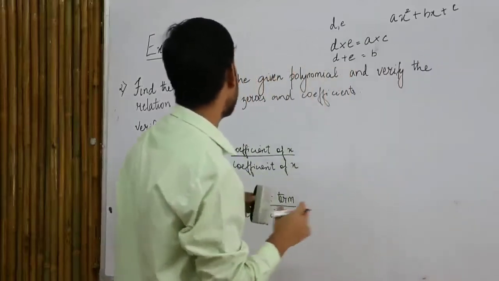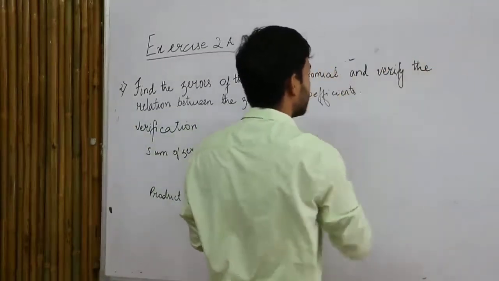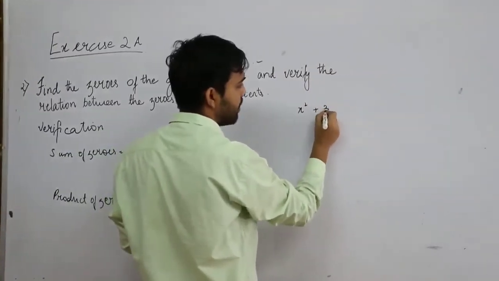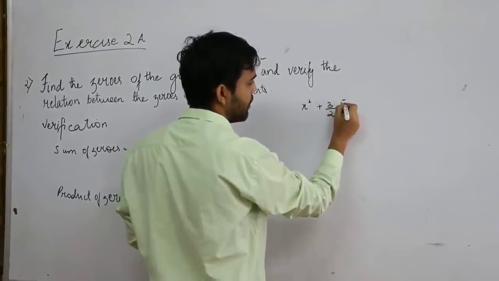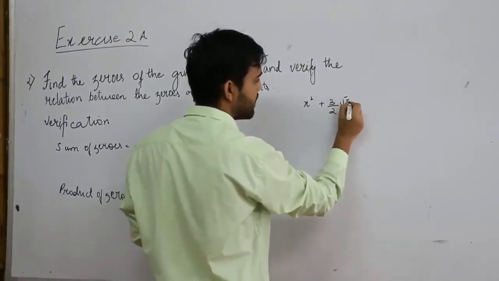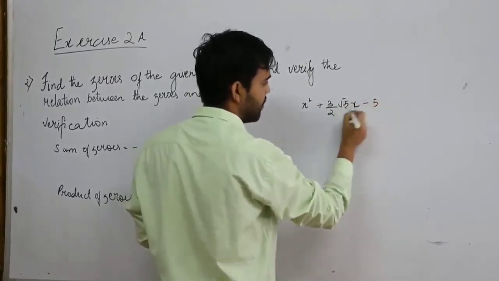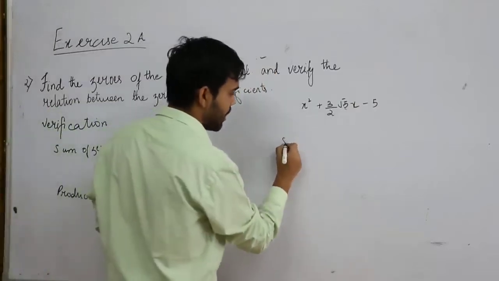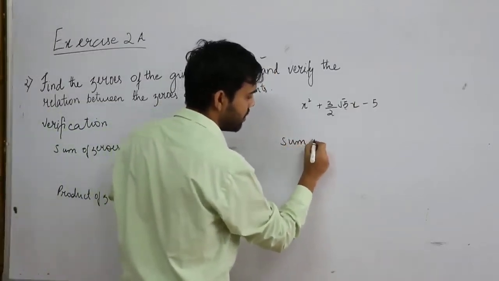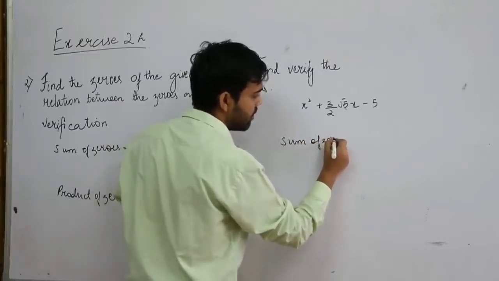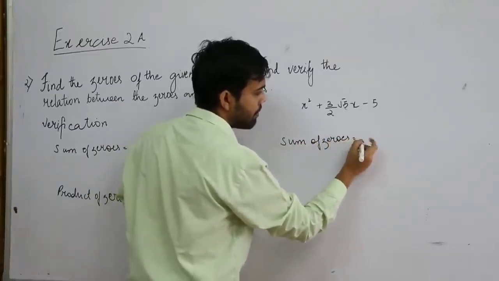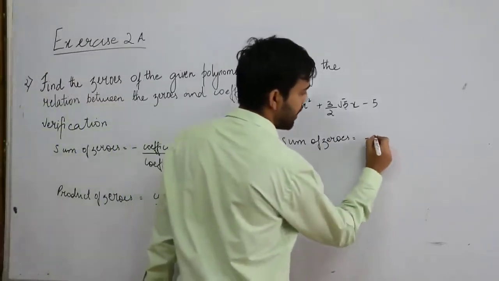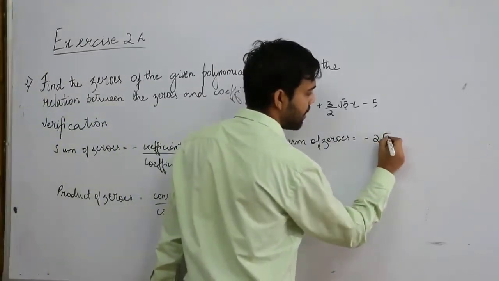My equation was something like this, right? I had x squared plus 3 by 2 root 5 x minus 5, right? So sum of the zeros. So I am taking sum of the zeros. What are my zeros? My zeros are minus 2 root 5 and root 5 by 2.